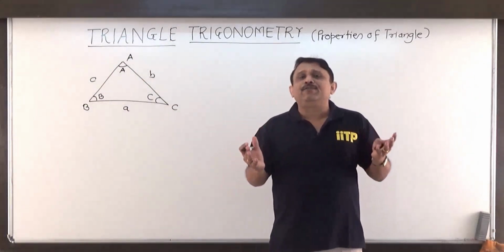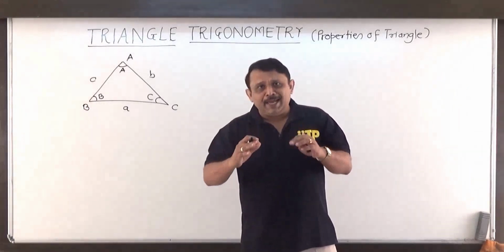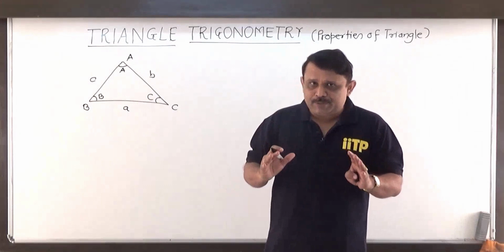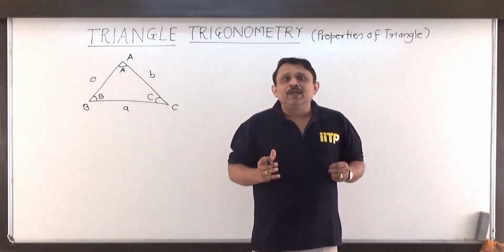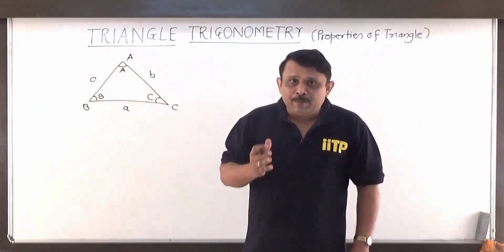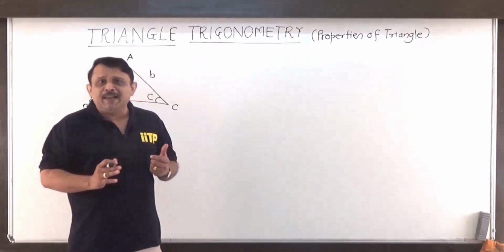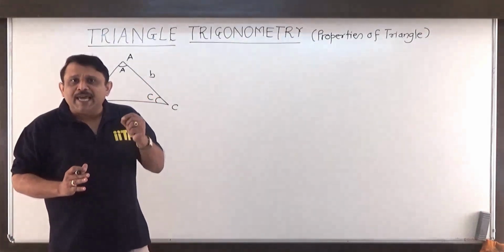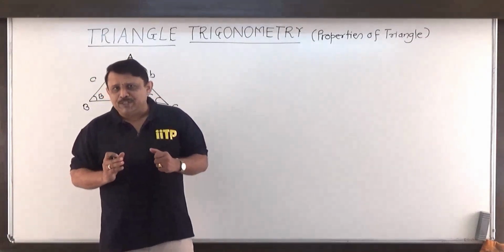If any 3 of them are known, we can know the triangle completely, except when the angles of the triangle are known, we know the triangle in shape but not in size. For example, if I consider a triangle ABC which is an equilateral triangle, each angle is known to be 60 degrees.